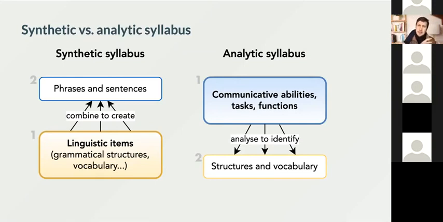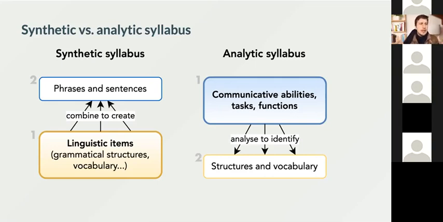Now, the second type of syllabus, which is the opposite type, is the analytic syllabus. It goes the other way around, and it says, okay, we are not going to teach first the grammar and the vocabulary. We are actually going to look at examples of communication: texts, dialogues, interactions, or tasks.